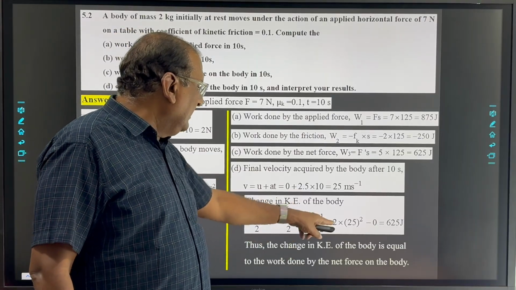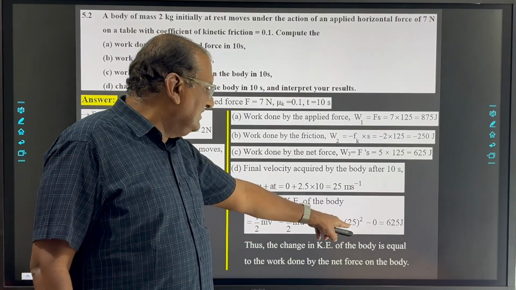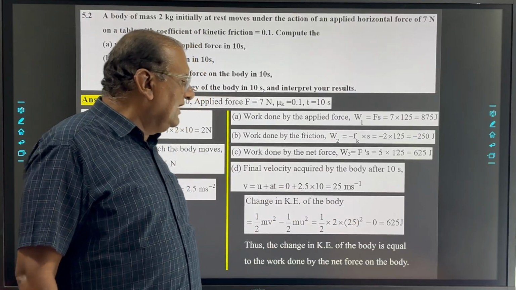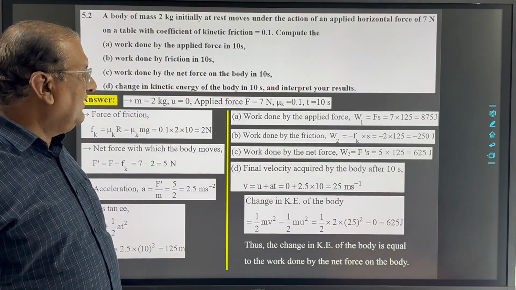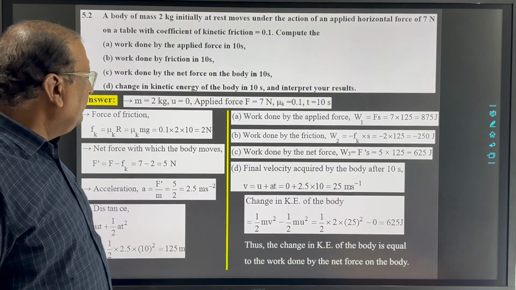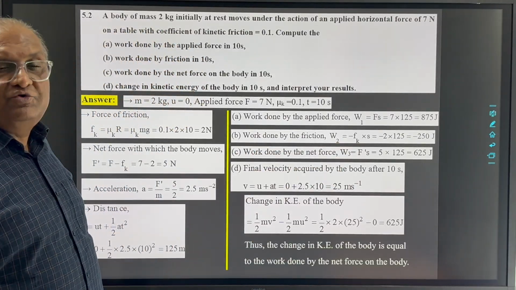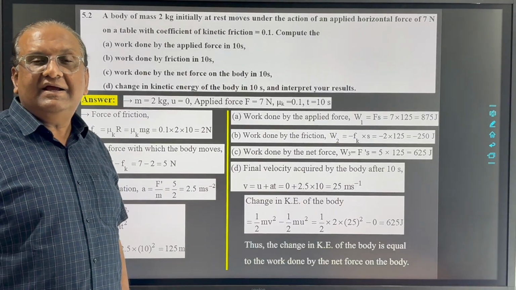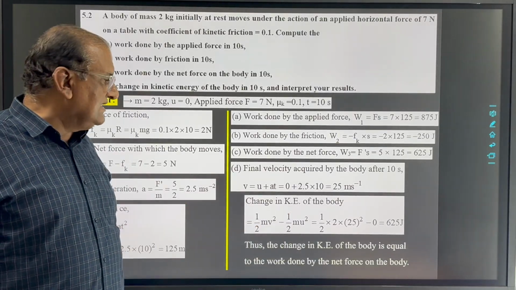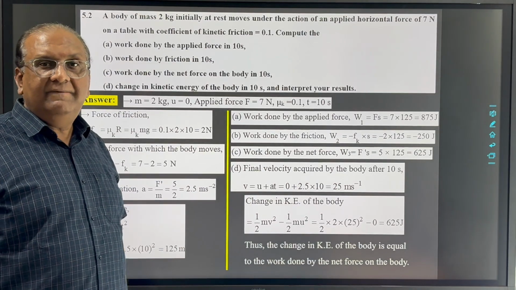Half m is 2, V square is 25 square, so again it is 625 joule. So here see, work done by net force is equal to change in kinetic energy. This is as per the work energy theorem.